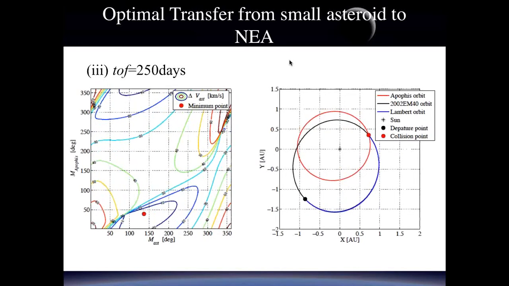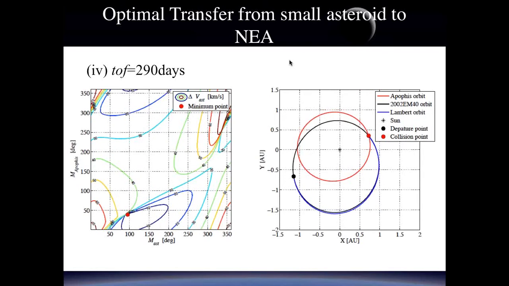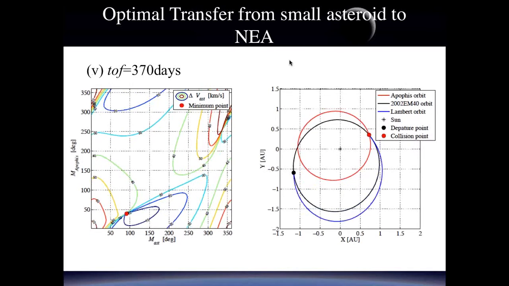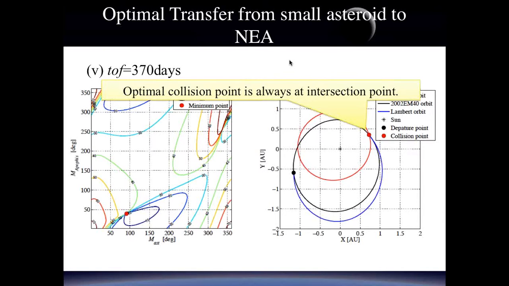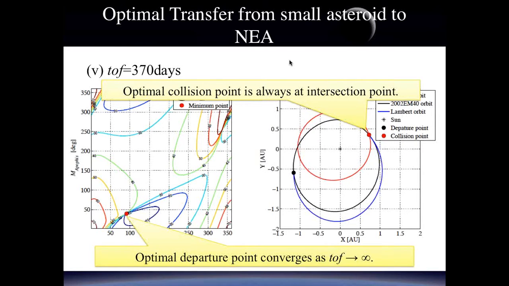By increasing the time of flight, the departure point moves along the small asteroid's trajectory, and the collision point, described by the red point, does not change. So we can see that the optimal collision point is always at the intersection point of the near-Earth asteroid and the small asteroid. And the optimal departure point converges as time of flight goes to infinity.